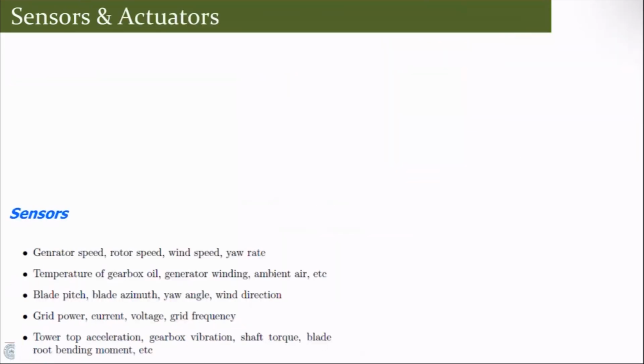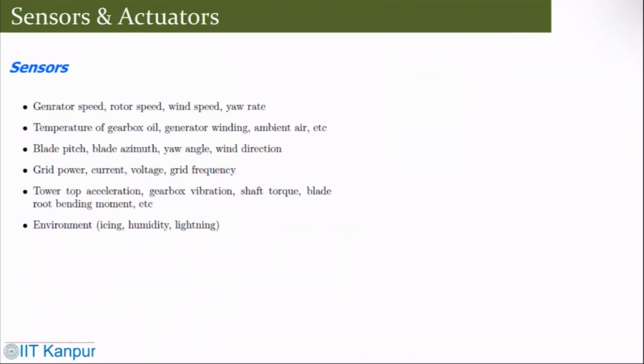When you look at the sensors, they are used in different components to sense the generator speed, rotor speed, wind speed, yaw rate, temperature of the gearbox oil, generator winding, ambient air, blade pitch, blade azimuth, yaw angle, grid power, current, voltage, grid frequency, start stop acceleration, gearbox vibration, shaft torque, and environment, whether icing, humidity, and all these things.